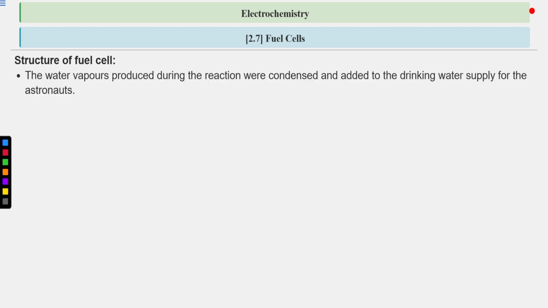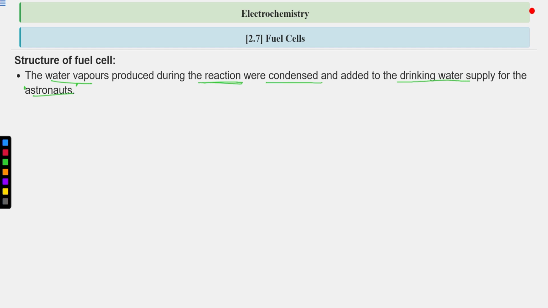The water vapors which are produced during the reaction were condensed and added to the drinking water supply for the astronauts. Astronauts are the people who work in spaceships or in space-related matters, who travel in space. So the water vapors produced during the reaction of the fuel cell were condensed.